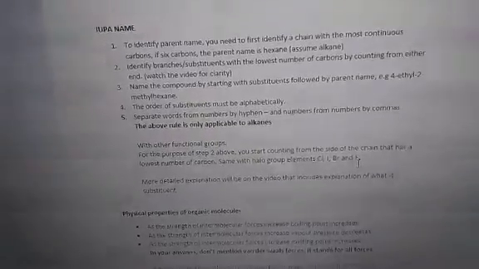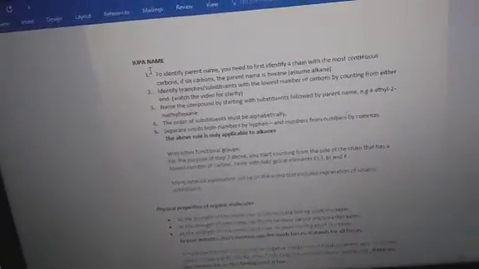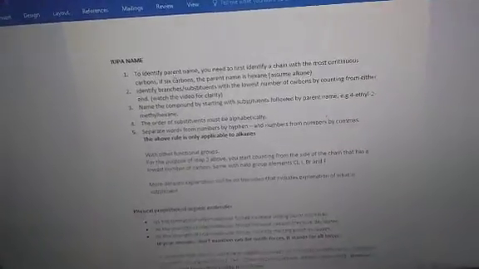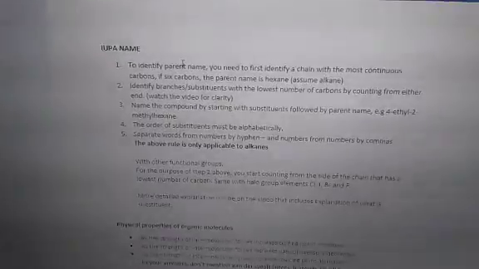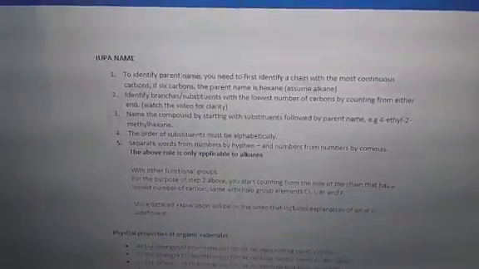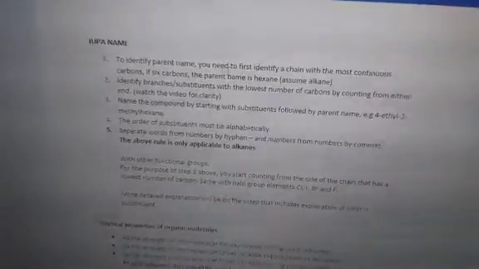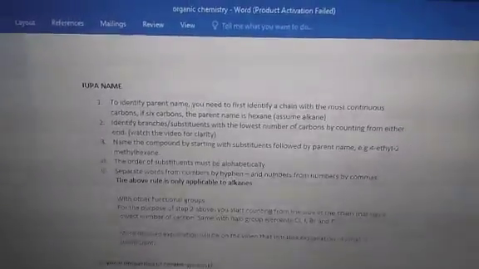For the IUPAC name, this question is always asked. To name a compound, the first thing to know is to identify the parent name. Meaning, on the chain, what you have to focus on is the number of carbons on the longest chain.